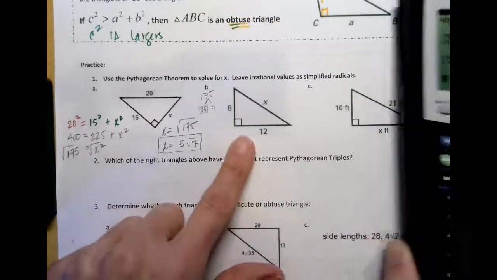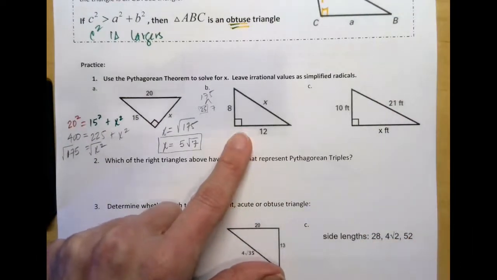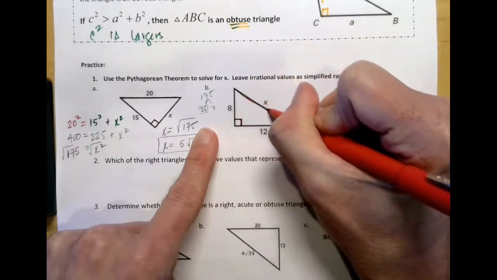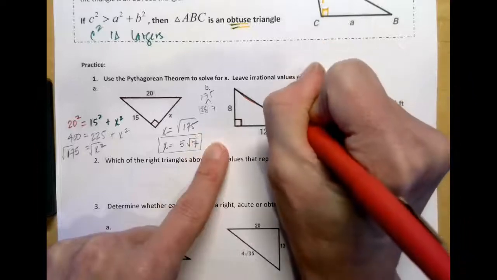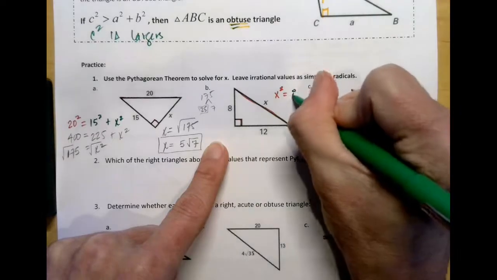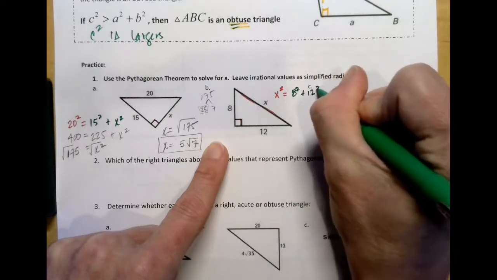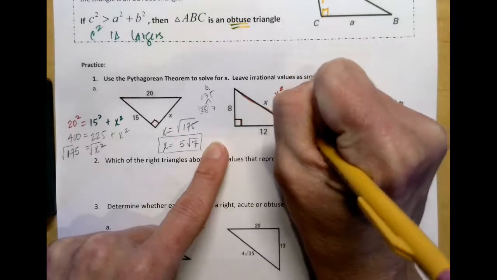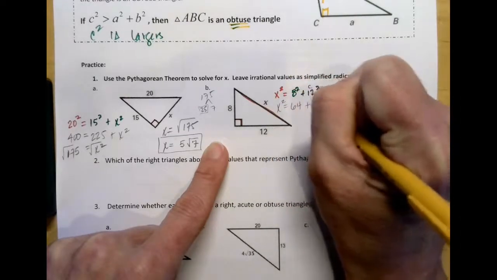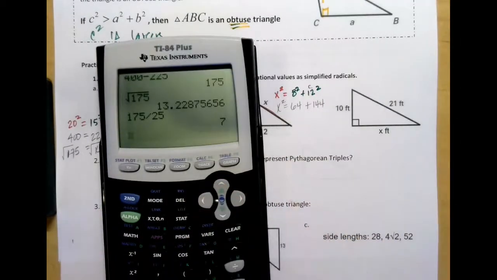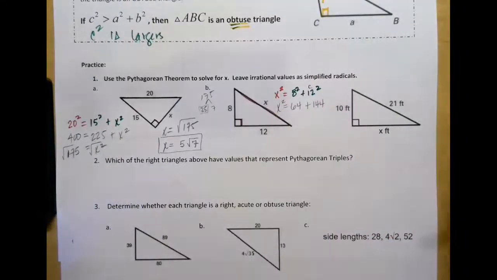Okay, let's take a look at B. I know, again, here is my right angle, so here is my hypotenuse. And I know then that x squared is going to be equal to 8 squared plus 12 squared. So we'll go ahead and do that math. x squared is equal to 64 plus 144, and 64 plus 144 is going to be equal to 208.